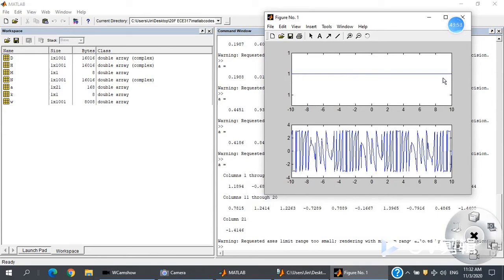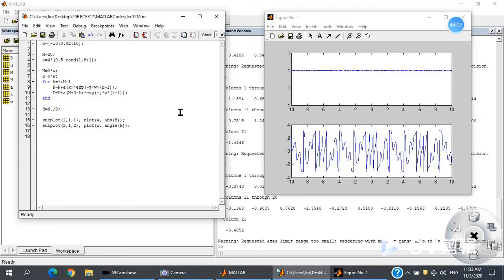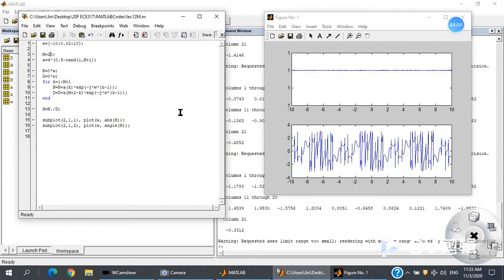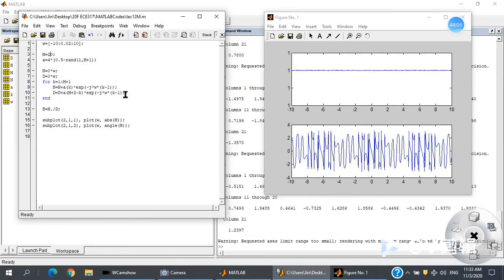So this is an all-pass filter, and the phase is different. Phase is complex. This is the phase. If we run more, what will happen? Different phase. Yeah, the high order is complex. If I use just 6, maybe it looks not so complex.